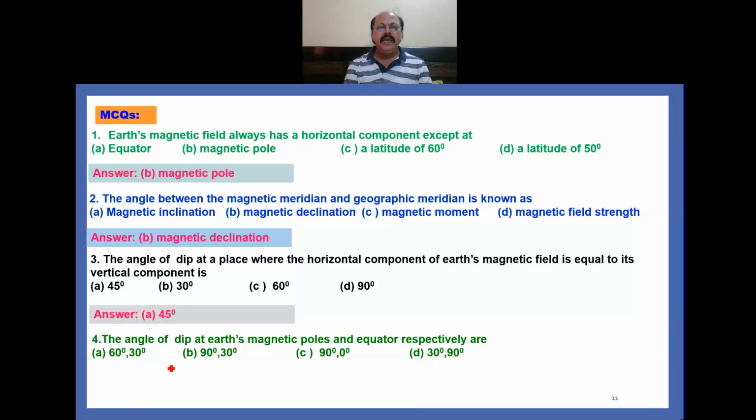Options are A 60 degree 30 degree, B 90 degree 30 degree, C 90 degree 0 degree, D 30 degree 90 degree. So option C is correct, 90 degree and 0 degree. So this is about MCQs related to the concept which you learned today.